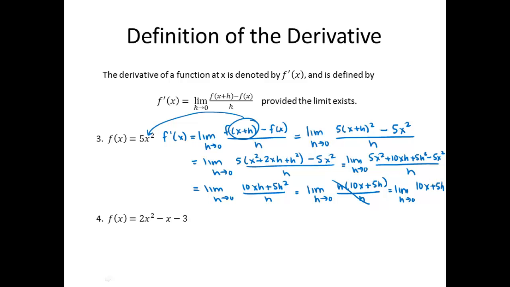Now I can substitute in the 0 because I have no denominator to be concerned about. If I put in a 0 here, I just get 10x. My answer is f prime of x equals 10x. My derivative equals 10x. I'd like you to try number 4.